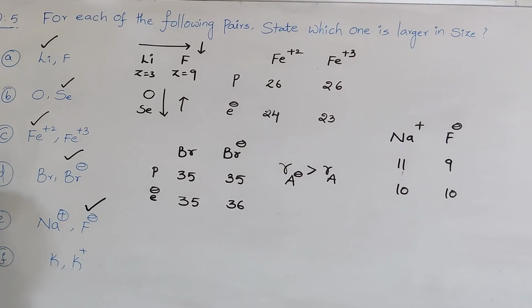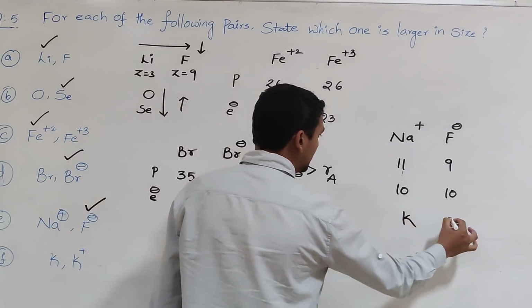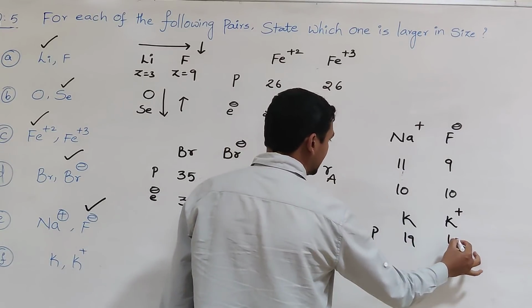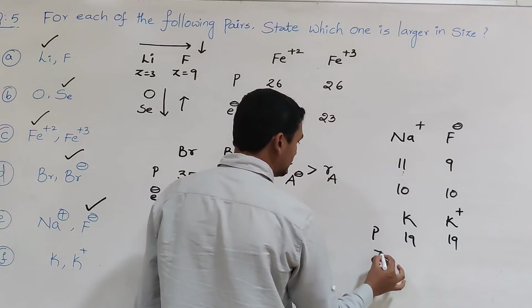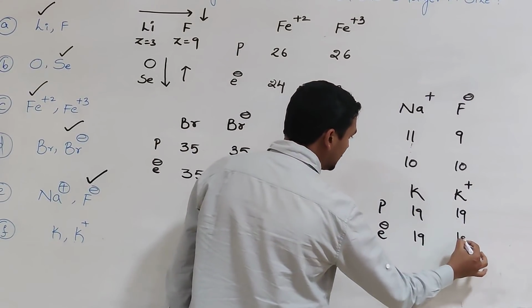Potassium and potassium plus, K and K plus. In both cases, the protons are 19 and 19, but the number of electrons is 19 here, but 18 here.